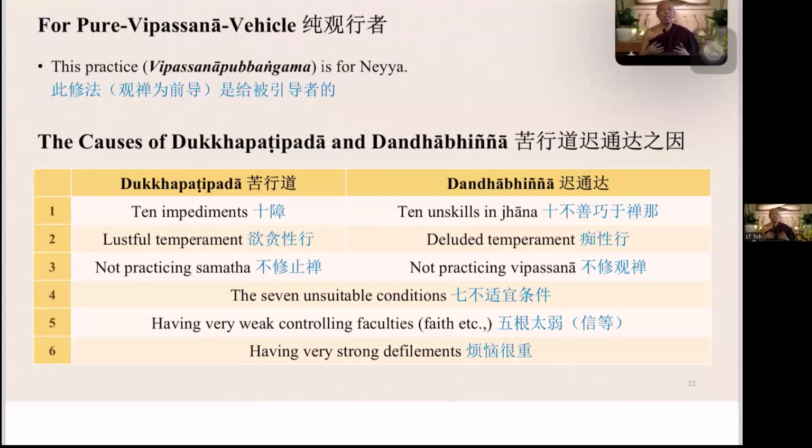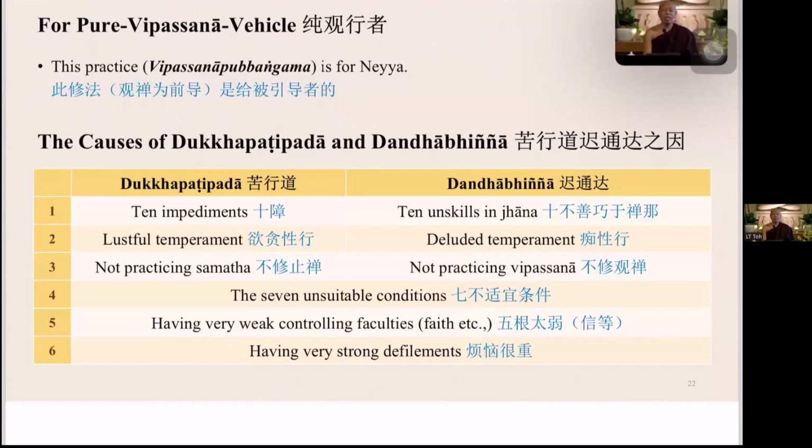Another thing is like living things. Or when you see the cat, also, oh, this is very beautiful, very nice. When you see a dog, also, oh, this is very nice, right? So whether living things or non-living things, it's very easy to attach. We can have very easy attachment. This kind of person can be considered as lustful temperament.